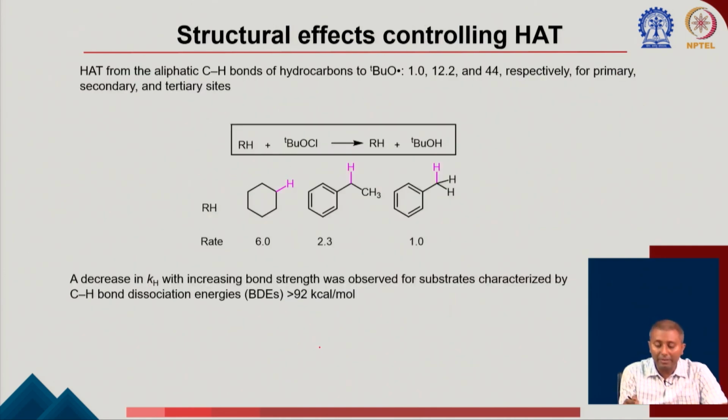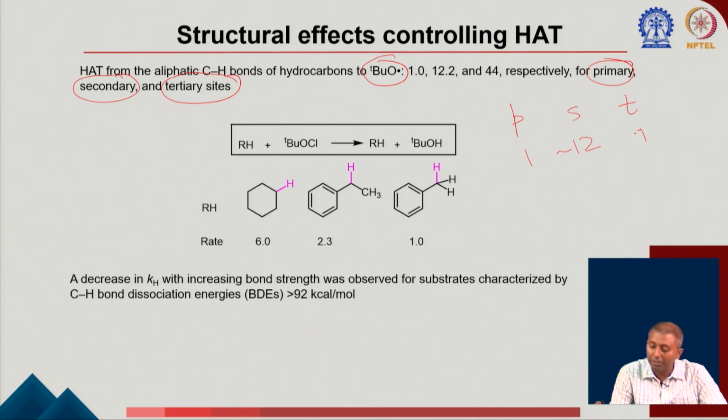Again, there is the same example here. If you use this tert-butoxy radical, and you have a primary versus secondary and tertiary alkane, what is happening? The rate, if you have primary, then secondary, then tertiary, and you are abstracting this CH, is 1 to around 12, and then around 44. So what is happening here?